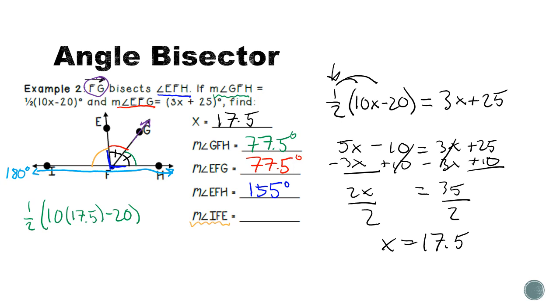The whole thing has to equal 180. If EFH is 155, and the whole thing is 180, then the remainder has to add up to 180, so it is 25 degrees.